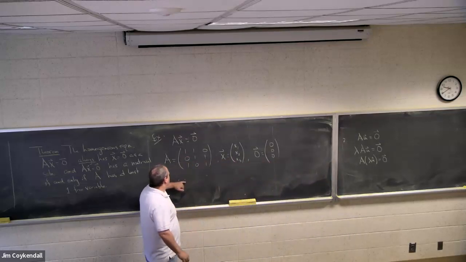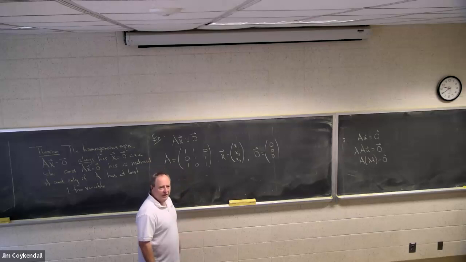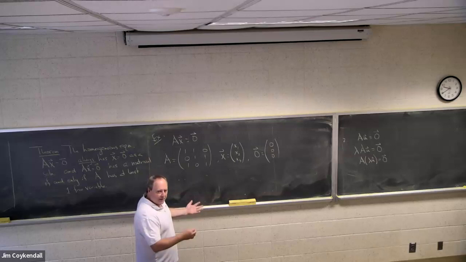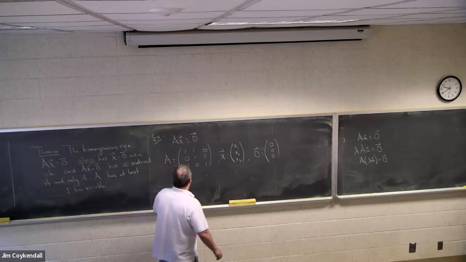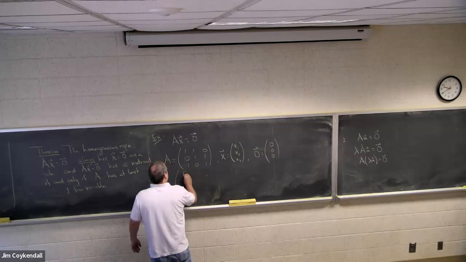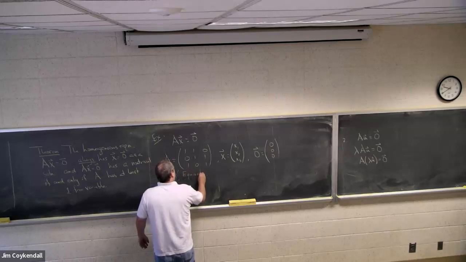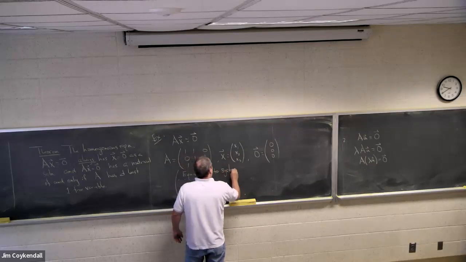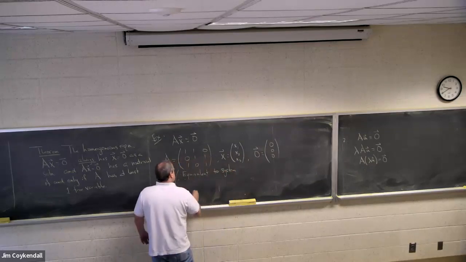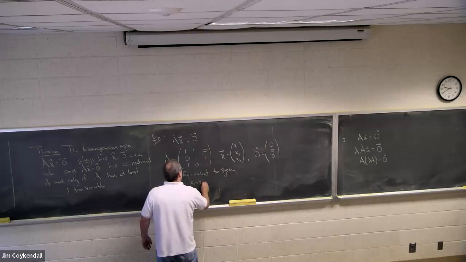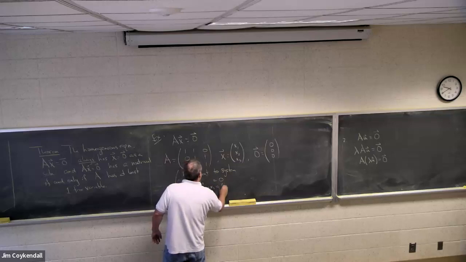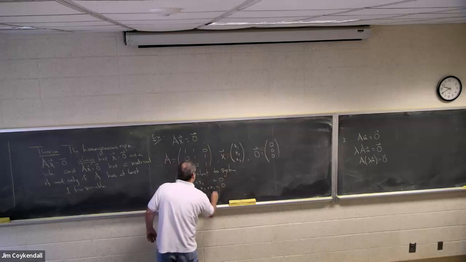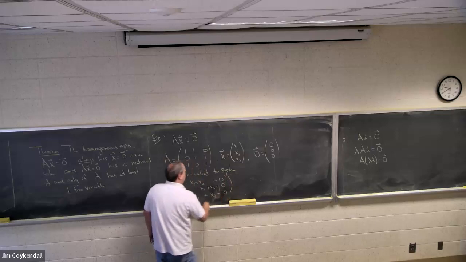Let me write this parenthetically, even though in this example I'm going to look at this matrix equation. Let me point out the intimate connection with systems. This is equivalent to X1 plus X2 is 0, X2 plus X3 is 0, and X1 plus X3 is 0.